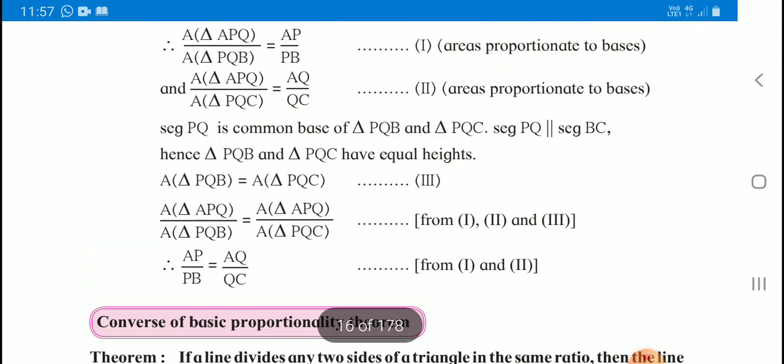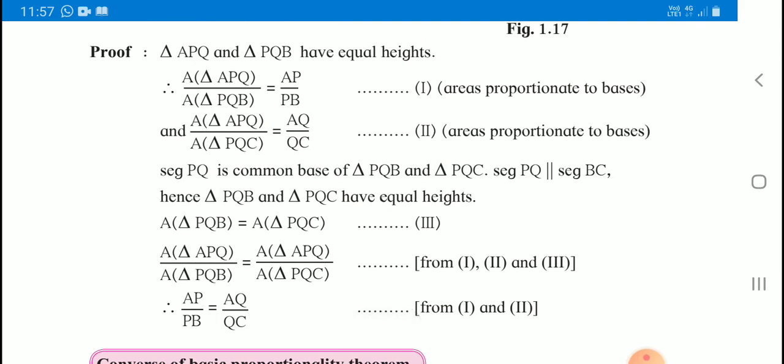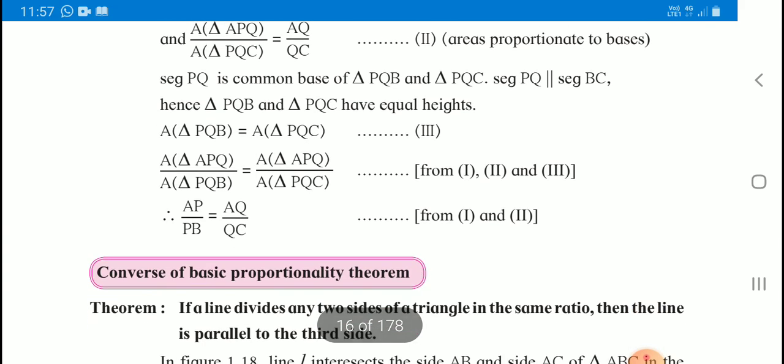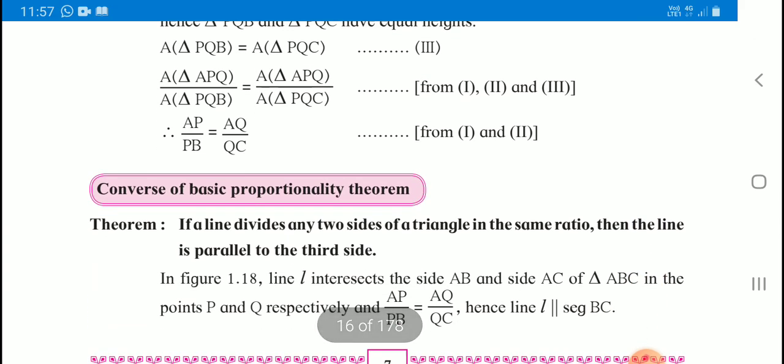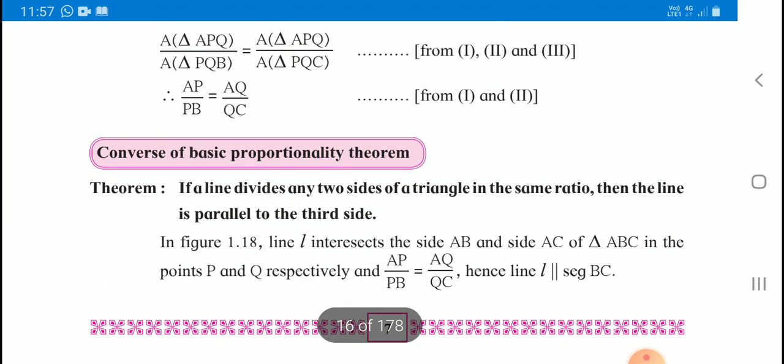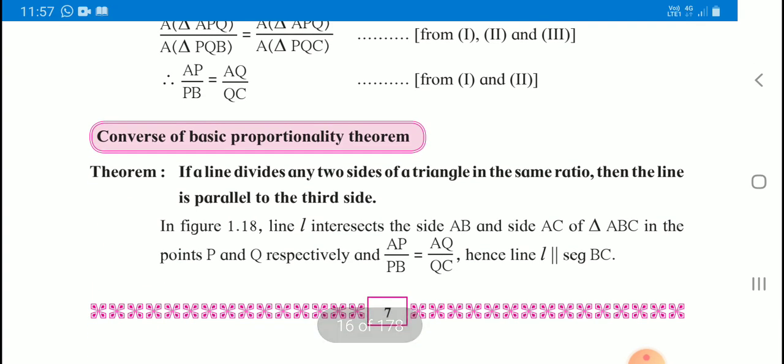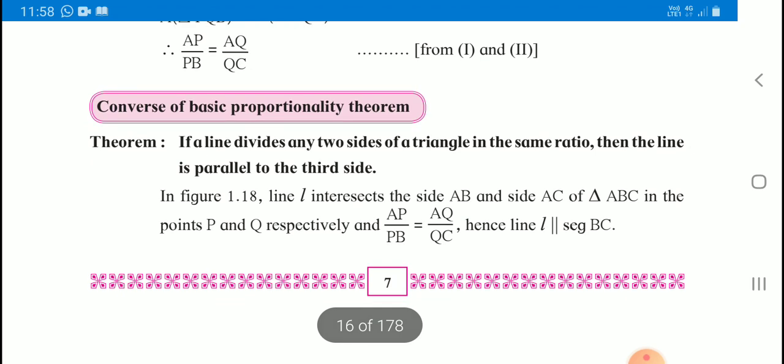Now, you have to write this theorem in your notebook. Next to that, they have given the converse of the basic proportionality theorem. Converse means here the part after 'if' of the basic proportionality theorem will change to the part after 'then', and the part after 'then' will come after 'if'.